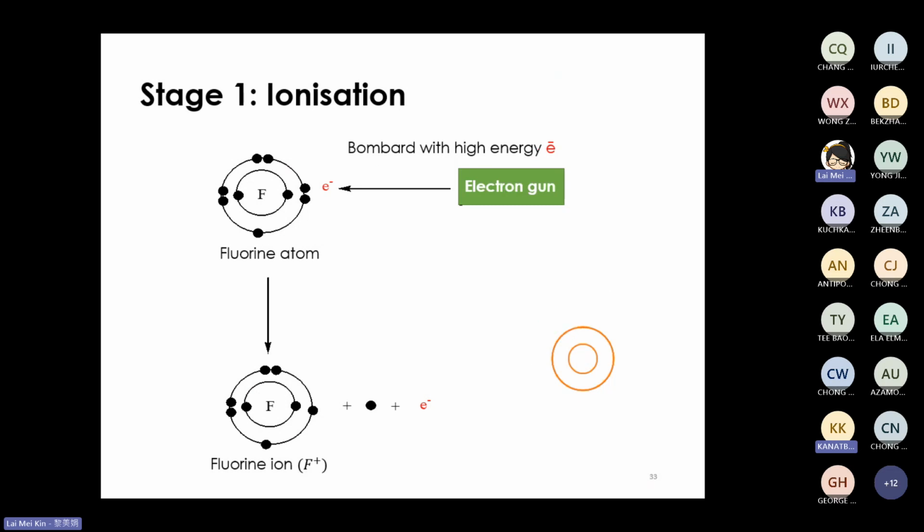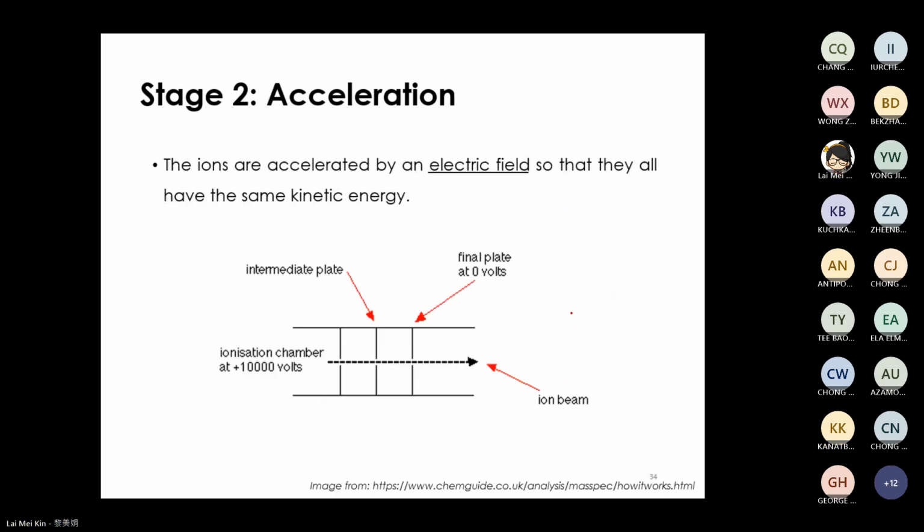Imagine you have a gun that shoots out electrons. So you shoot very high energy electron to remove 1 electron out. You can look at this animation here. You shoot with a high energy electron, so the electron is being removed. So this is the ionization stage.